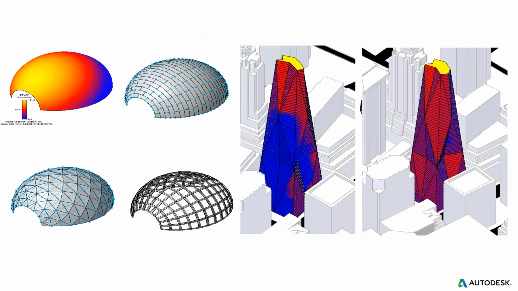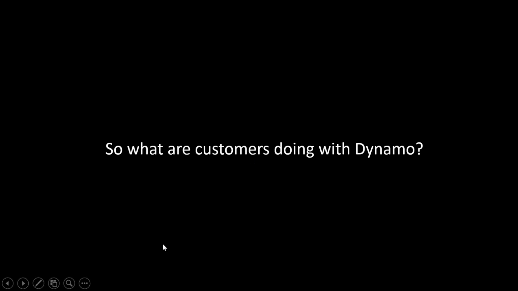I want to use that information to make a better decision, or to have my model update, to add, in this case, louvers or some kind of fin assembly to start handling things like the excess amount of energy coming in. And that's what you can start doing with Dynamo, where it's not just about looking at the results, it's about incorporating those results and changing your model from there. So that's what we see people doing.